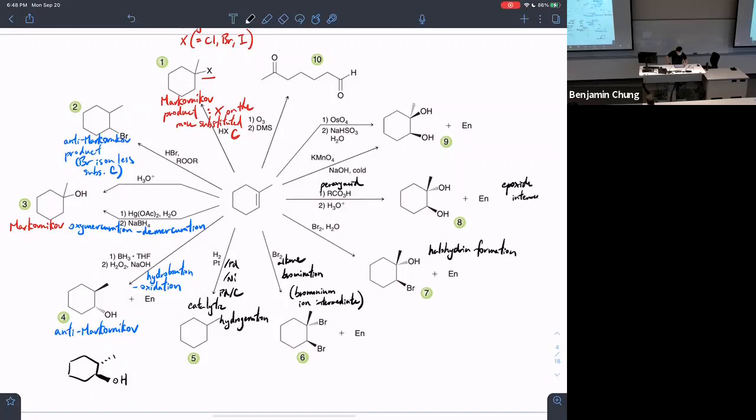Do we remember what an epoxide looks like? Yeah, it's a 3-membered ring, 2 carbons with an oxygen. So this reaction basically goes through an epoxide intermediate followed by opening of that epoxide by water to give you your 2 hydroxyl groups added next to each other.